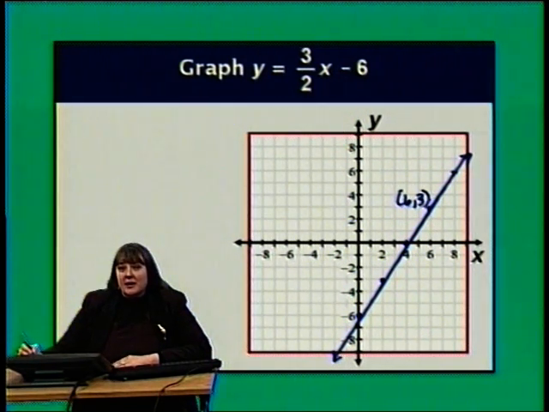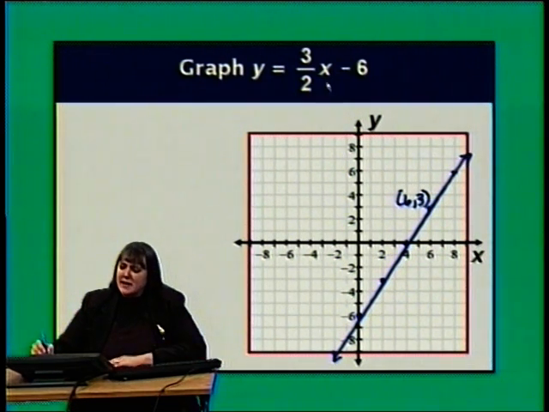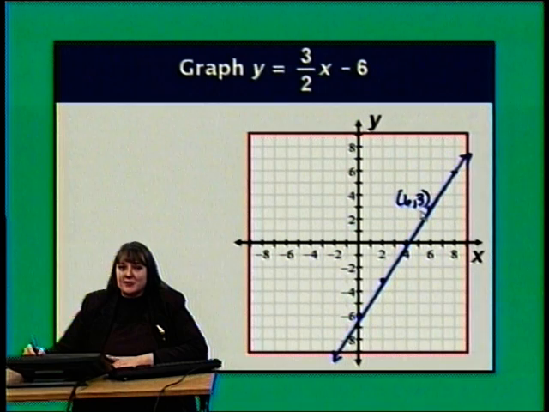Well, let's see if we let x be 6 if y really is 3. Well, if x is 6, then we're multiplying 3/2 times 6. 2 goes into 6 3 times, and then 3 times 3 is 9. 9 minus 6 gives me a y value of 3. That's what the y value was supposed to be, so this point does check.